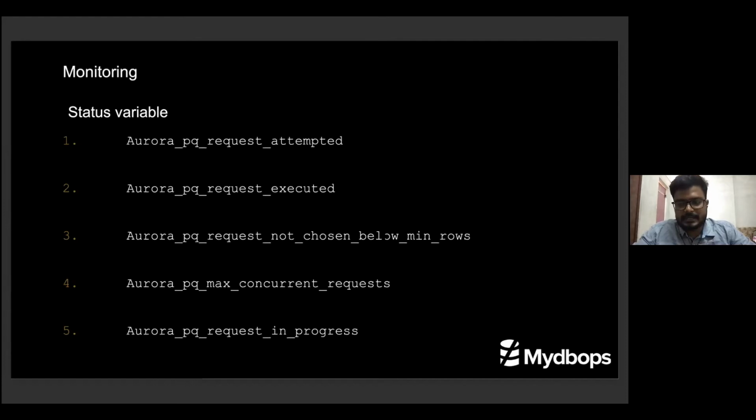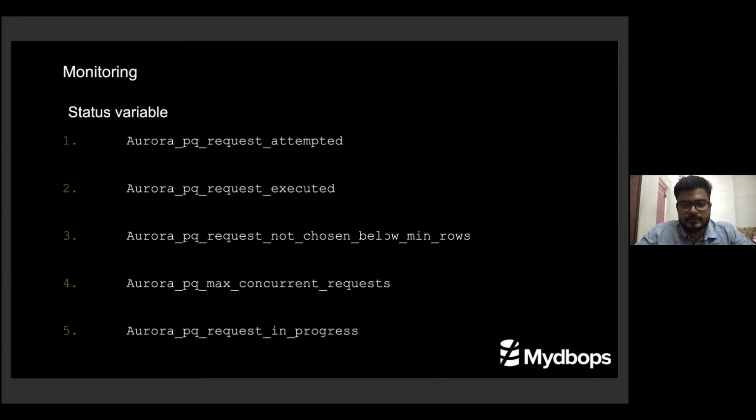Then max concurrent requests. That means the number of parallel queries that can run concurrently. It differs based on the instance type. This value will show how many parallel queries your current instance type supports. For example, in my test cases I used R3 large, which supports one concurrent parallel query.